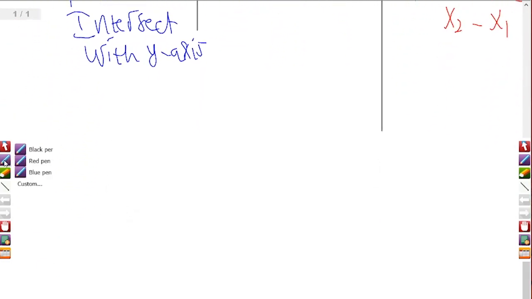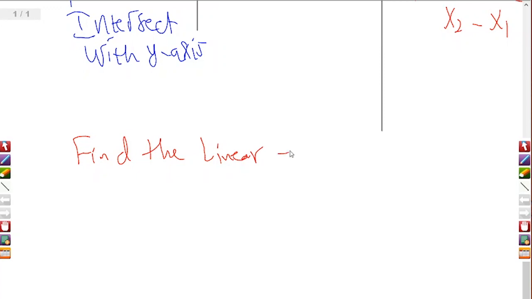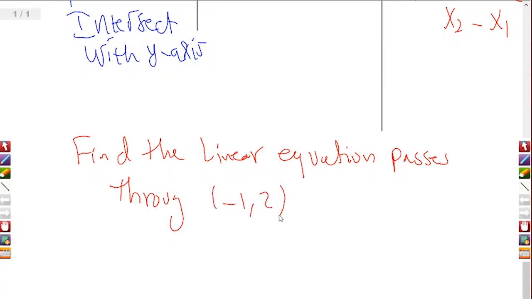Find the linear equation that passes through the points (-1, 2) and (1, 6), then graph it.